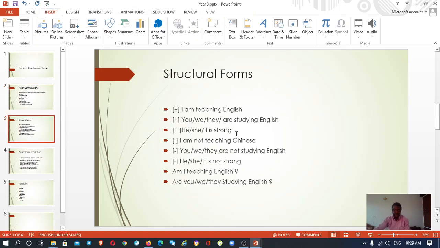Then the next one, we've got the structure. I've told you also that in the structure, English has 3 different patterns: the positive, the negative, and the question. If we're making sentences in the positive form, it is going to be I am teaching English. That is positive.